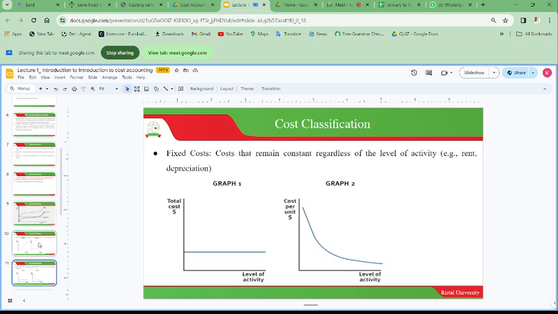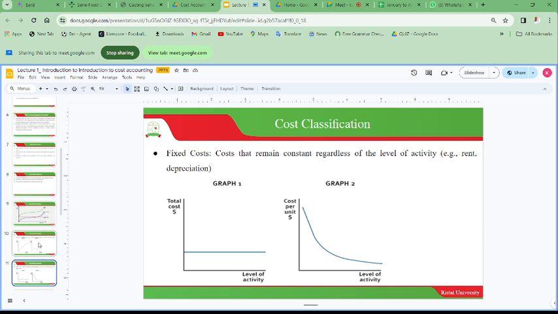So let's look at fixed costs. Fixed costs are costs that remain constant regardless of the level of activities. For example, we have the rent and the depreciation. It will remain constant regardless of the level of activities that you have in your company.